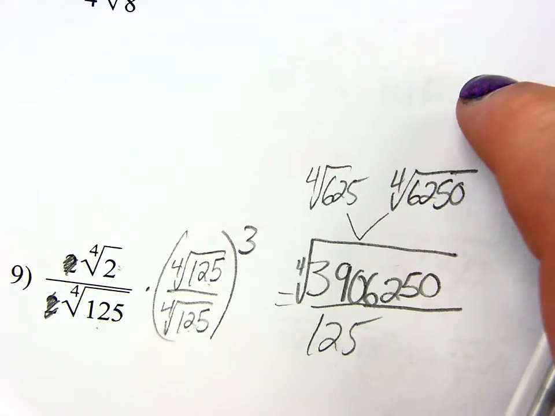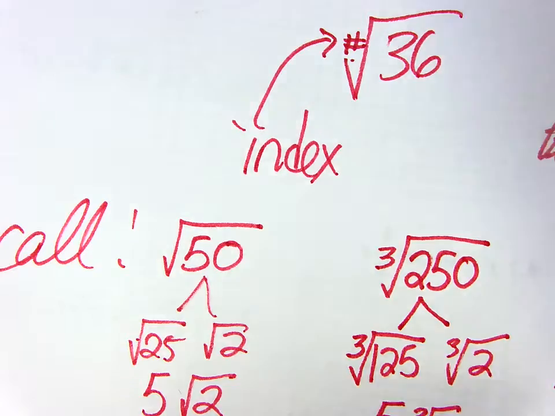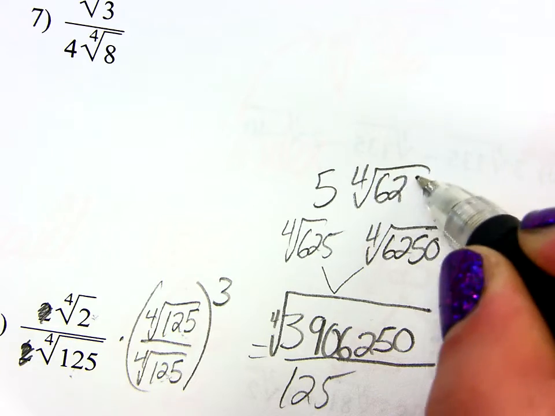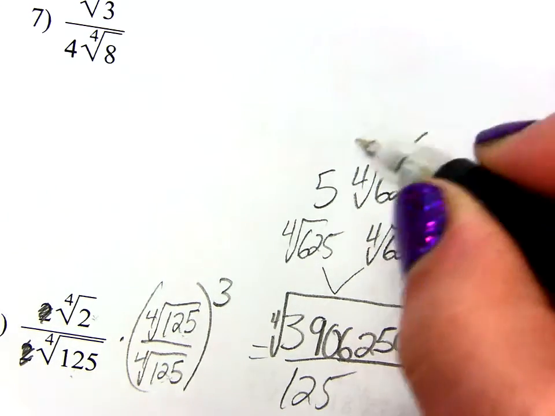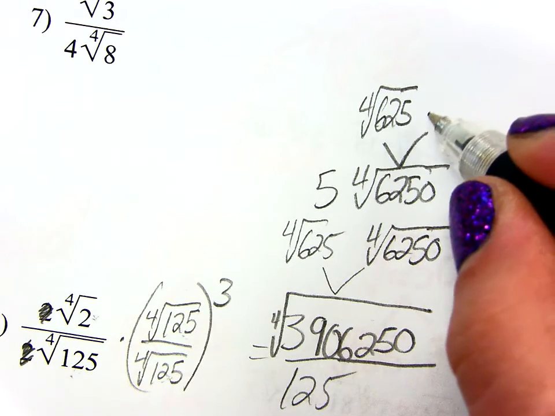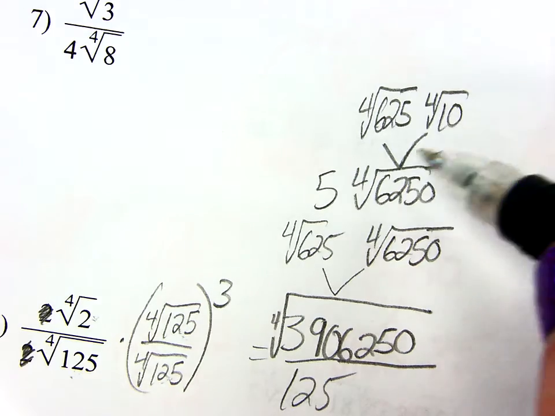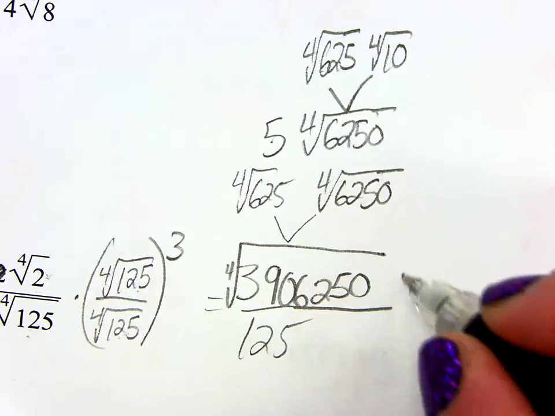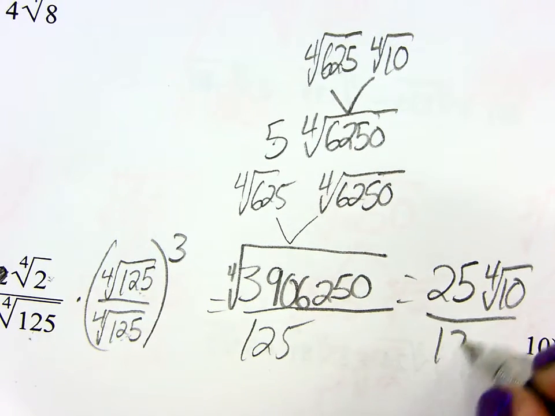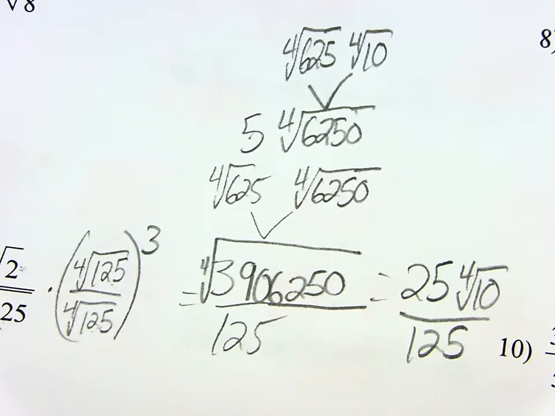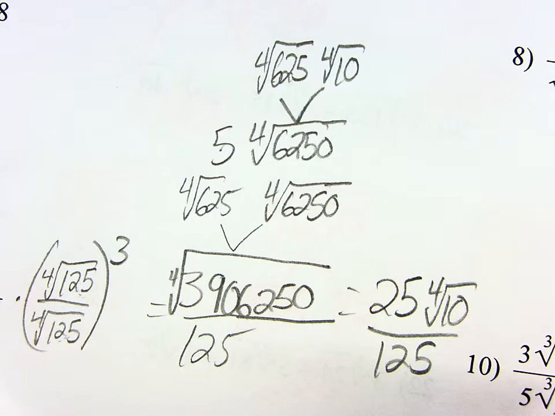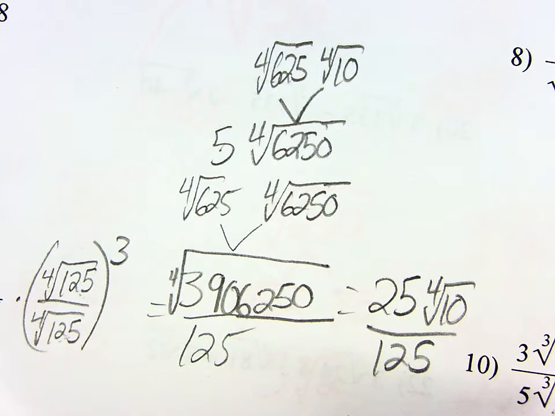The 4th root of 625 is just 5, right? So that's 5 times the 4th root of this. But then 625 goes in again. 10 times. I get a 25 out here times the 4th root of 10 all over 125. And then I can reduce the 25 and the 125. So that's going to be 4th root of 10 over 5 in the end.